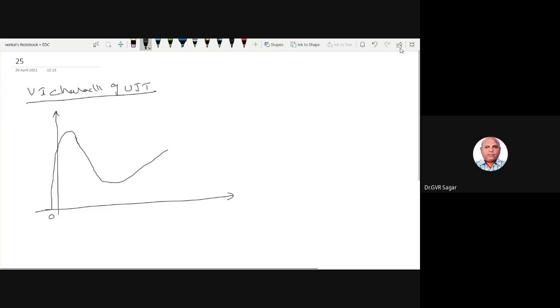So this is the cutoff state when VE is equal to no voltage applied, or simply you can say that IE is equal to 0. Current IE is equal to 0.